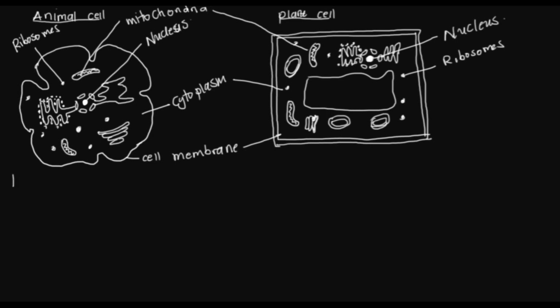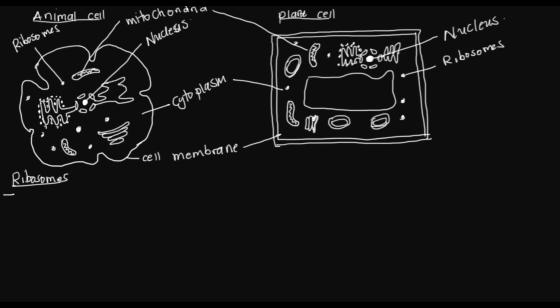Okay, so now let's look at some of the functions. So now the ribosomes are very small organelles. There are several, quite a number in one cell. So there are several thousand in one cell.